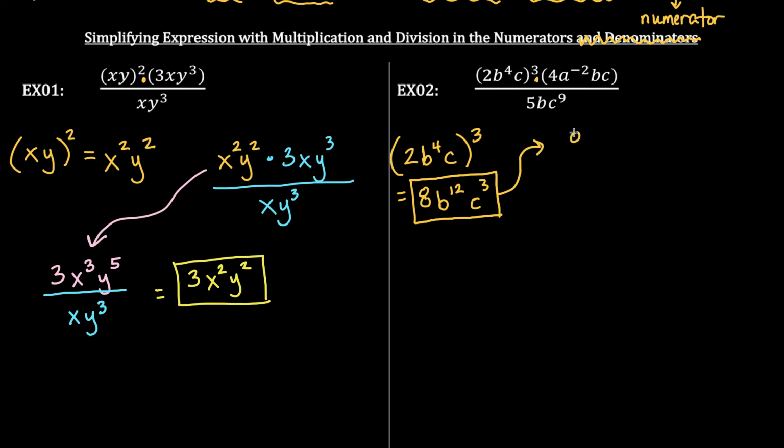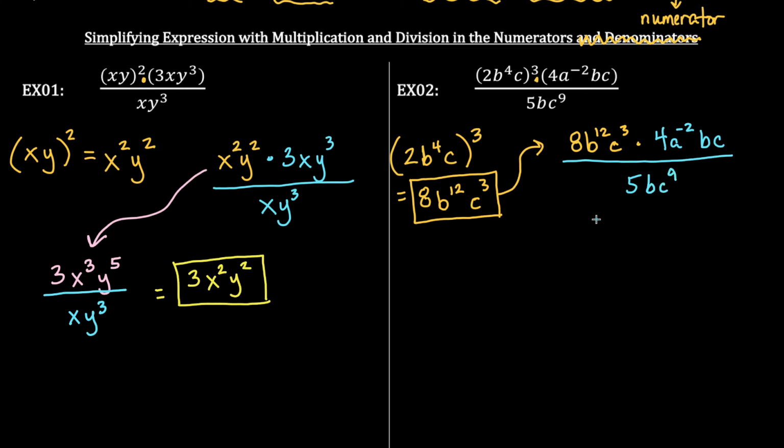I'm just going to have to write it next to each other. And then we'll multiply that by 4a to the negative second bc, all over 5bc to the ninth.